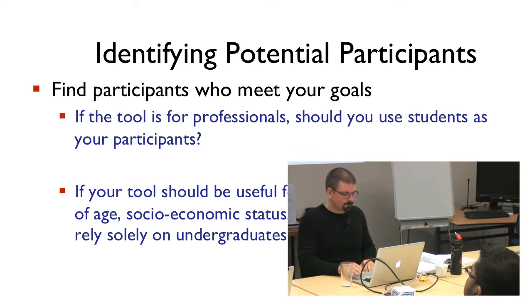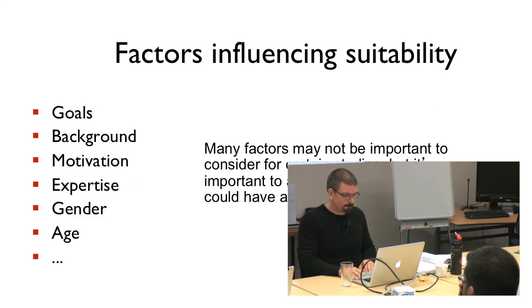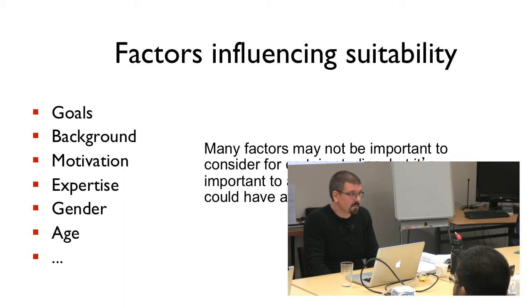So in the end, there are a lot of different factors that influence the suitability of certain groups of participants for your study. Well, goals of your study, background of the participants in terms of expertise, age, gender, their motivation as well.